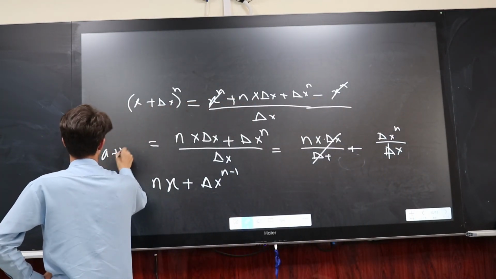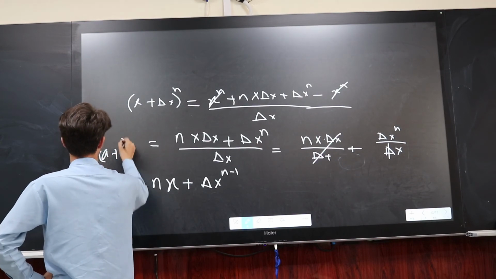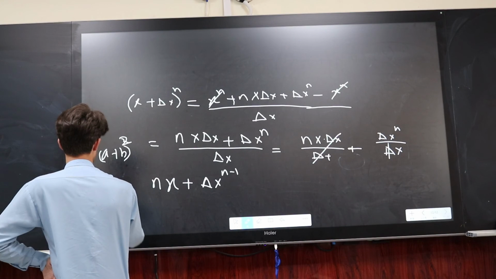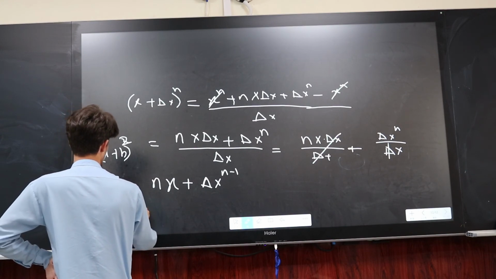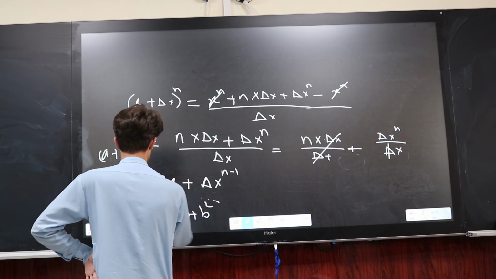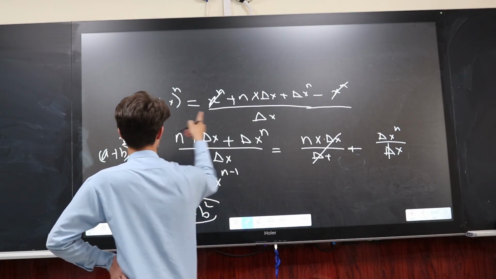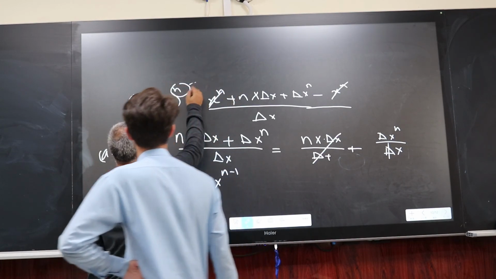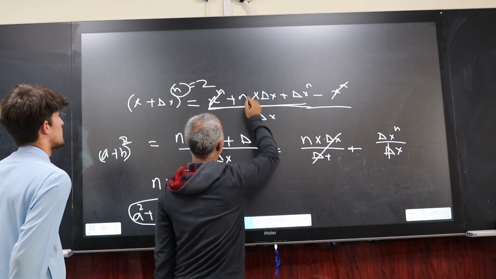We have this concept: we can expand this as a square plus 2ab plus b square. So this is the same as this one, if n equals 2, then this is perfect.